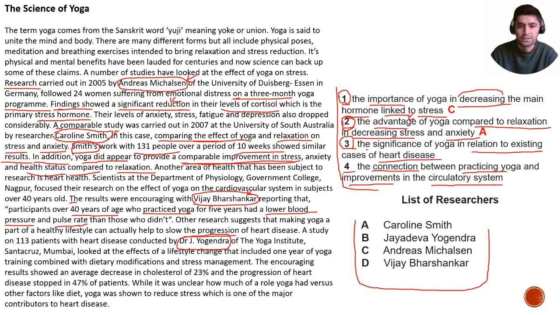Number 3, the significance of yoga in relation to existing cases of heart disease. So the information about this name, which is Vijay Bharshankar, doesn't give us any information about heart disease.